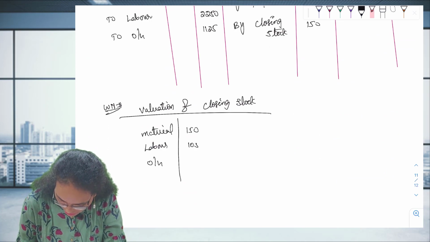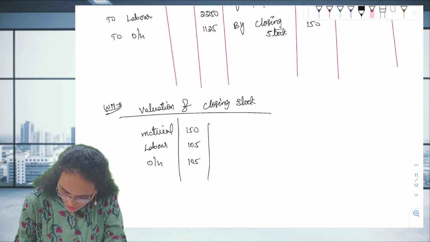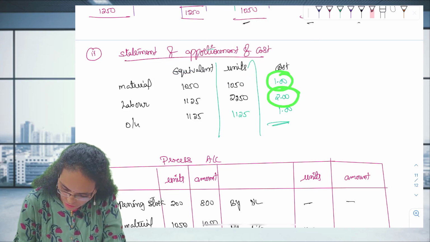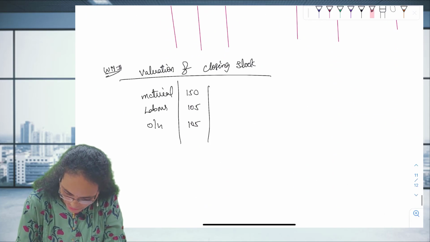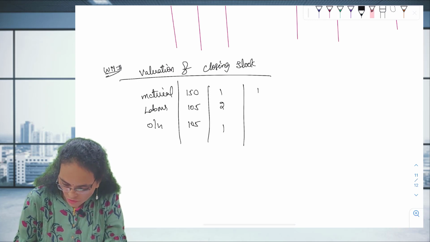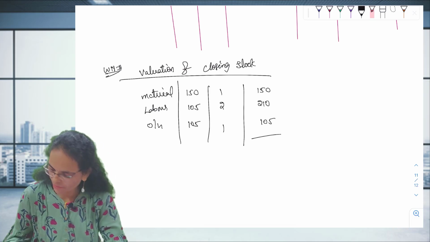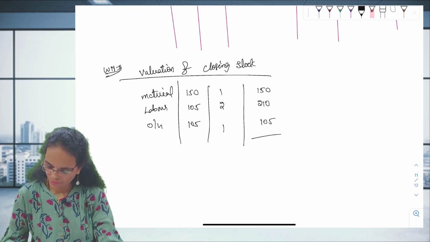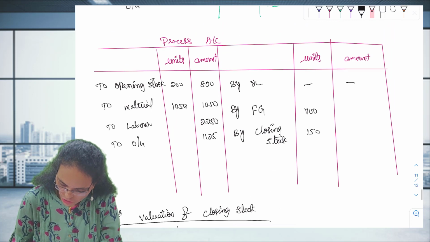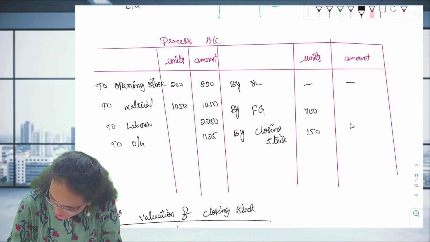What is the rate per unit? This is the rate per unit: 1, 2, 1. So, 150, 210, 105. Closing stock value is 465. So, here you write 465.